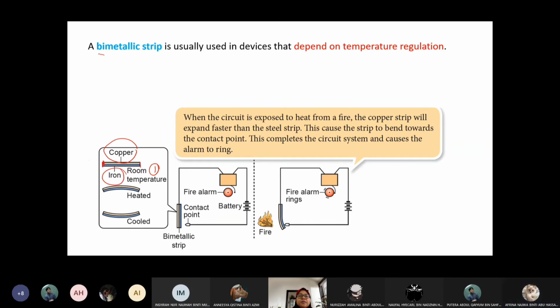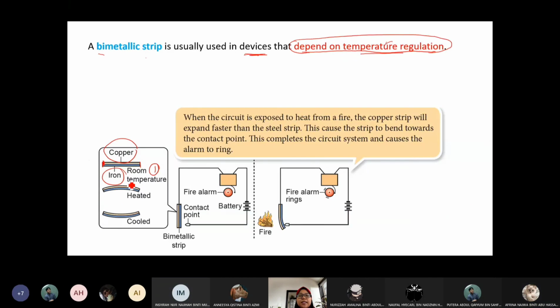A bimetallic strip is usually used in devices that depend on temperature regulation. So what does this mean? That means we use a bimetallic strip when the device responds to a change in temperature. What is an example?